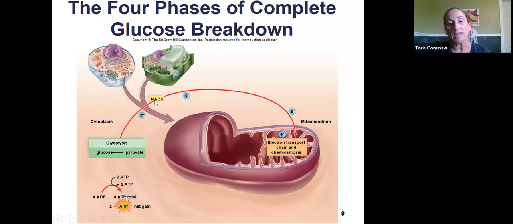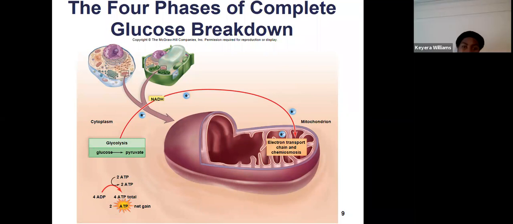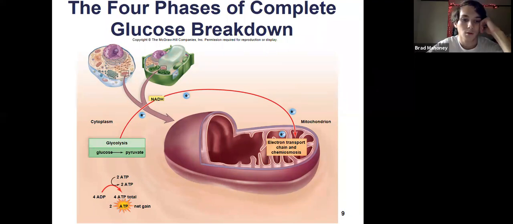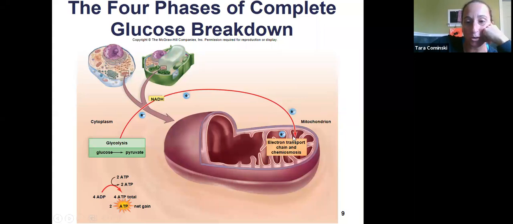Where's this NADH going? Where's that red arrow going in this figure? To the mitochondrial matrix? Well, essentially it's going to the inner membrane, to the electron transport chain. It does look like it's going in the matrix the way the arrow is pointed, but it's going to the electron transport chain.